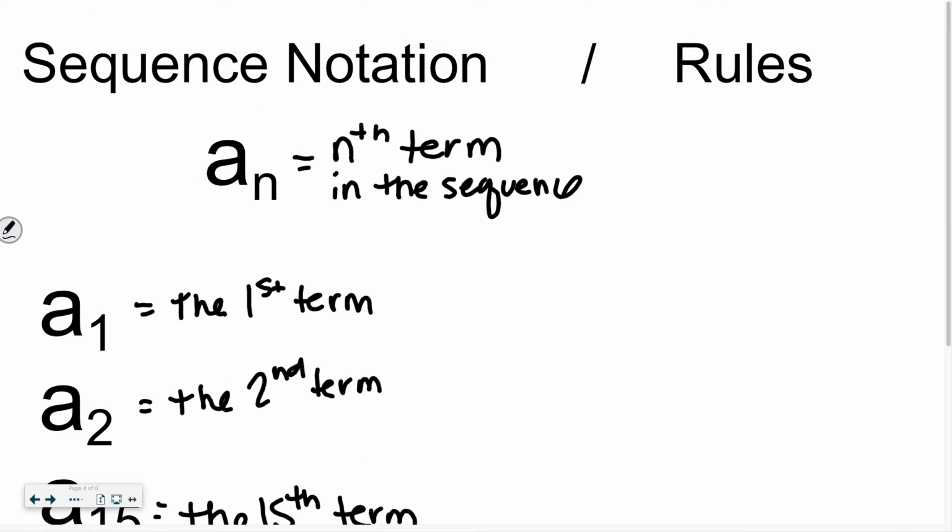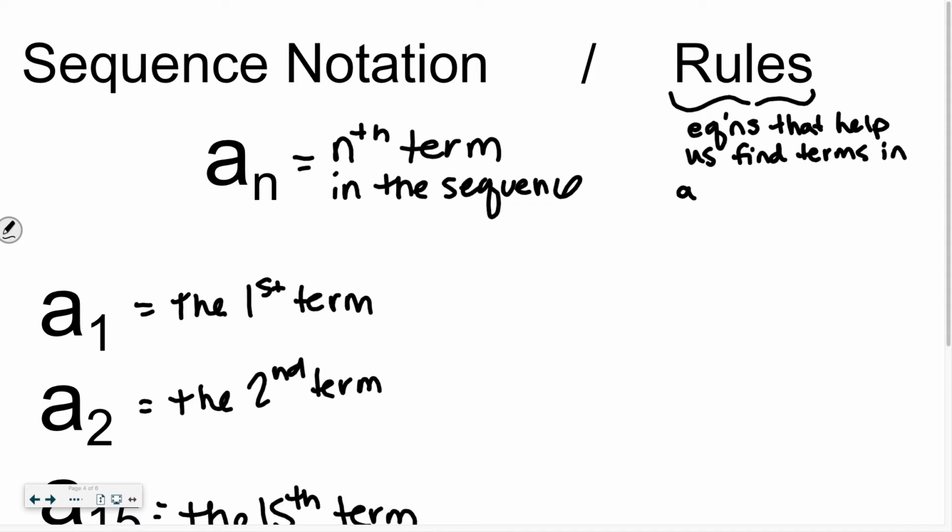Okay, and then rules are equations that help us find terms in a sequence. So here's where we get really mathy and where it starts to feel like algebra again.